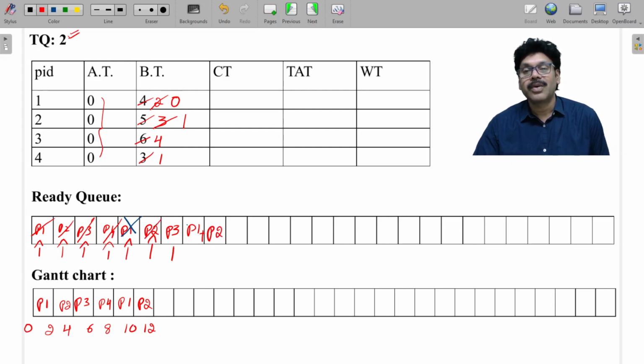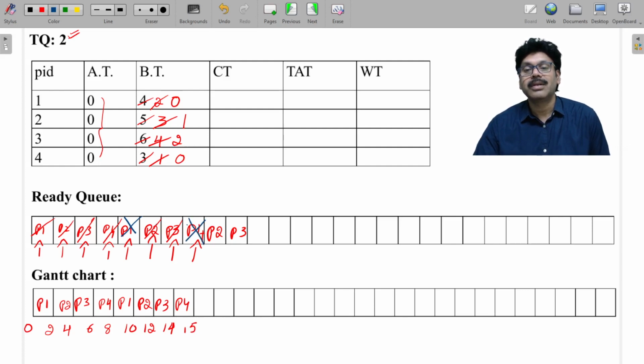Now the head of the queue is P3. P3 requires 4, but I can give in the second round also 2 only. The balance is 2. So P3 is executed, right now at 14. P3 will join the queue. Right now the head of the queue is P4. P4 requires only 1 unit. Okay, it is completed. Plus 1, it is 15. Remove from the queue.